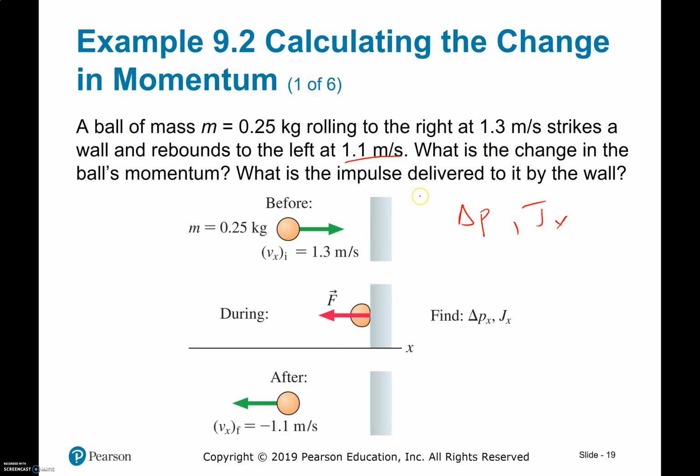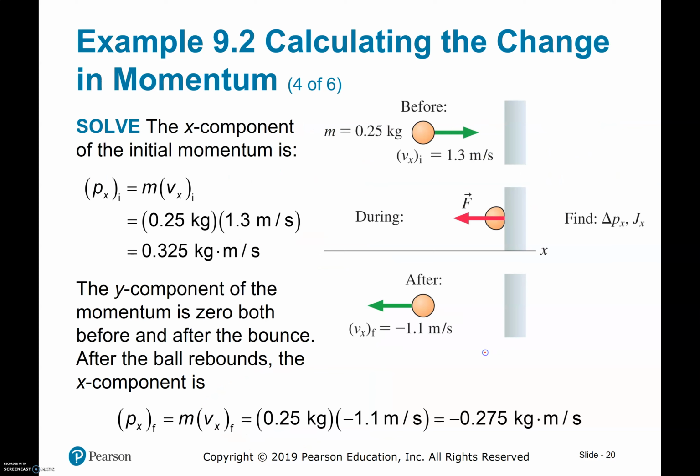It is good to draw a picture here. We have the mass of the ball that we know, we have the initial velocity that we know, and this is what happens before. In these problems, you always have a before and after, or an initial and final condition. That's the key to solving these problems. And remember the sign here, it is going to be very important.